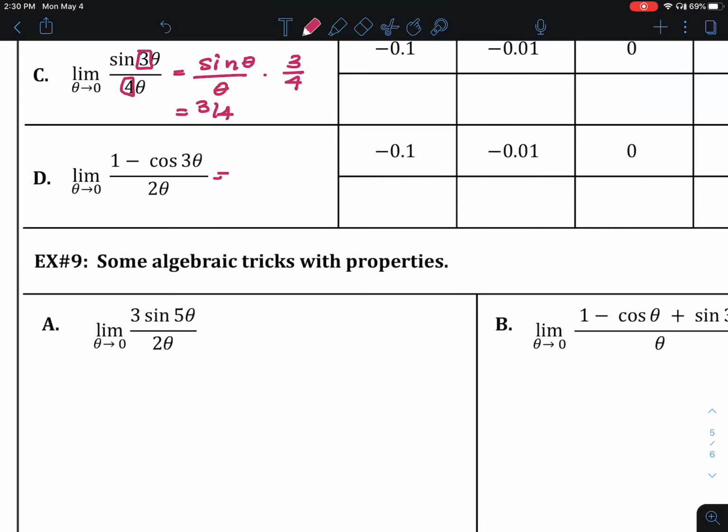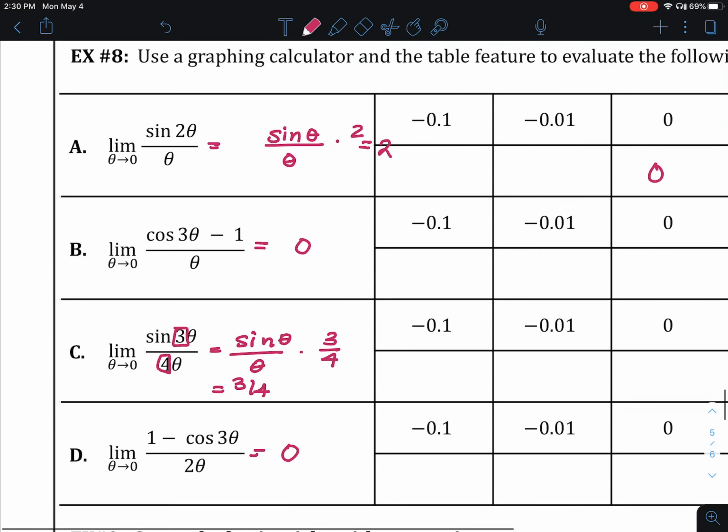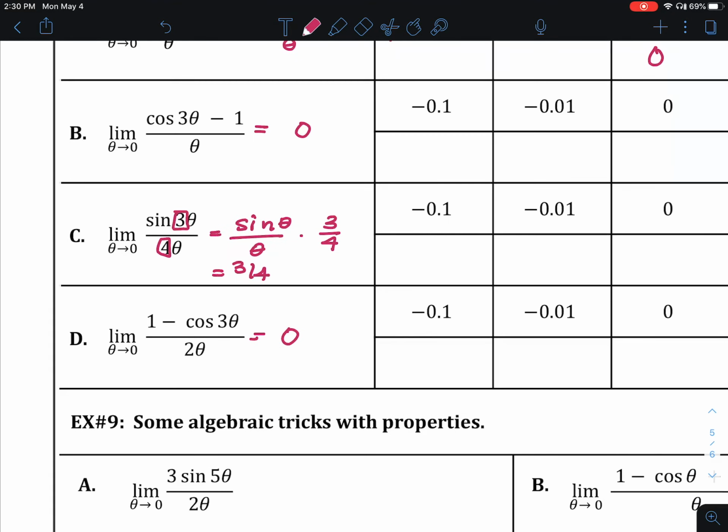Doesn't really matter what's going on. This is going to equal 0. Okay, so let me show you the proper algebraic trick for this, right? So now we get it, right? If we see sine of theta over theta, whatever number is the coefficient, if we pull that out, that's our limit. Same thing in example C, right? We see the 3 and the 4. It really isn't algebraically sound to move it out, but the answer turns out to be 3/4.